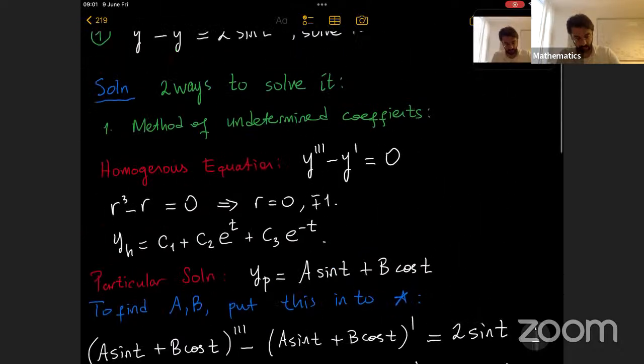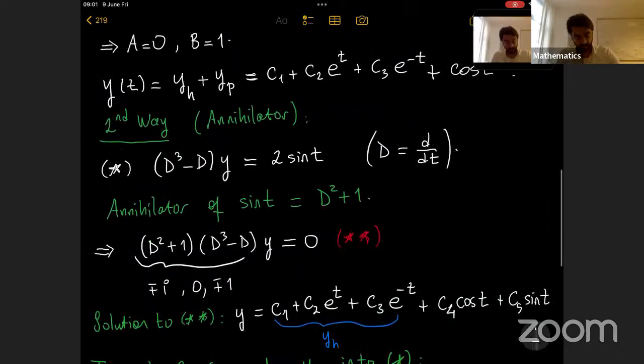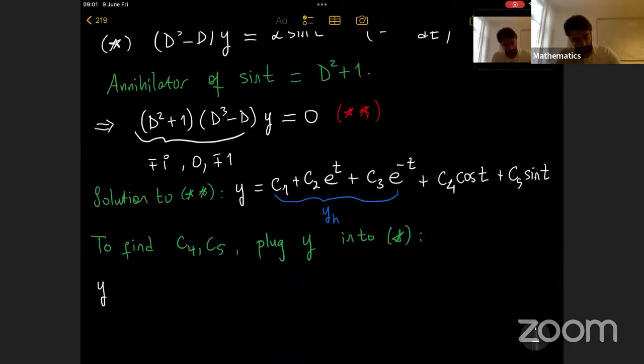Let's go back to the equation: y third derivative minus y prime. When you plug this into this equation, the homogeneous part will give you 0, right? Because it is the solution of the homogeneous part of the equation. So y_h will give you 0, and you don't need to check because it's going to be 0 anyway.